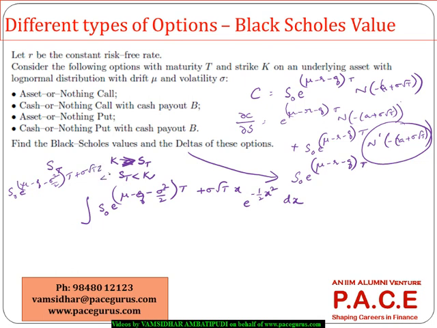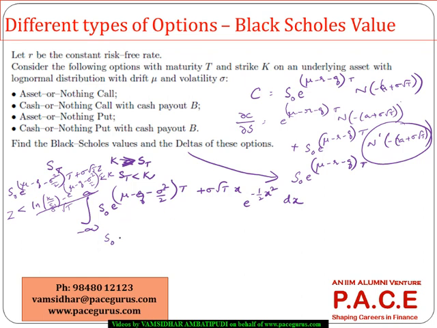So this is less than K. So otherwise it is saying z less than log K by S naught minus mu minus q minus sigma squared by 2 into t, divided by sigma root t. So I can very well assume that this is a. So z less than a is nothing but minus infinity to a is what is coming out.